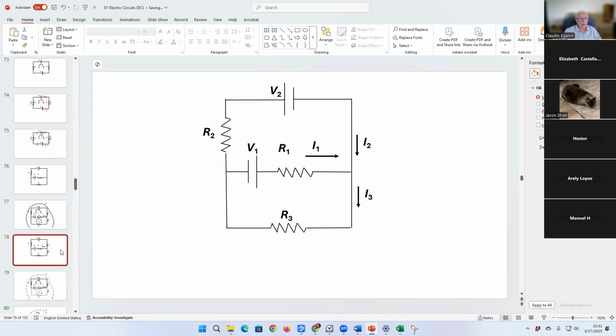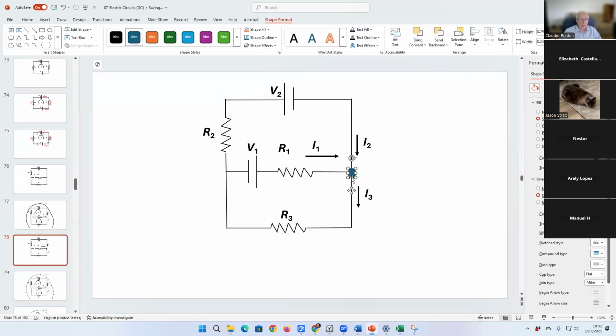And then identify the junctions. We have one junction here, another junction here. So I'm going to mark the junctions: junction 1 and junction 2.